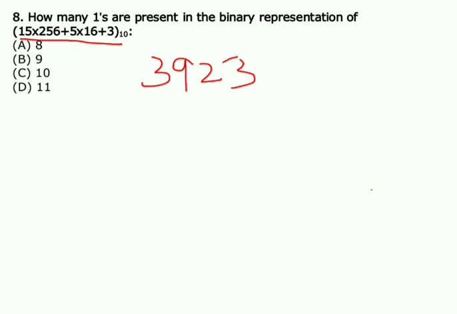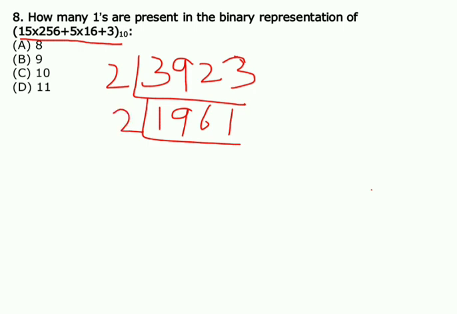Now we find the binary value by repeatedly dividing the given number by 2 and noting the remainders. Right? Reading the remainders from bottom to top, 3923 by 2 is 1961, and again dividing this by 2 we get 980. Here we get the remainder 1, and here we get the remainder 1.